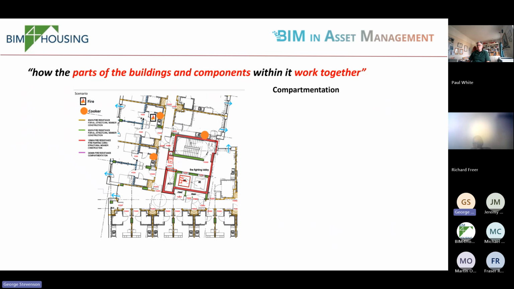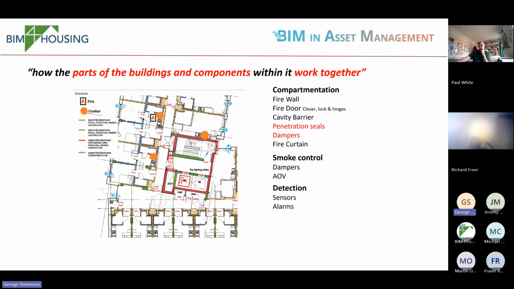Therefore, what we need initially is to make sure that we've got good compartmentation. Anybody that's simply focusing on fire doors, for example, which we hear a lot, unless they're looking at the walls, the cavity barriers, the penetration seals, etc., then all of those need to work. And when they fail, we need a proper smoke control system, we need detection systems, and we need signage to help people get out.